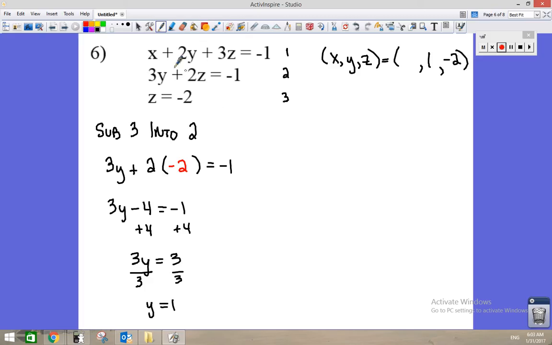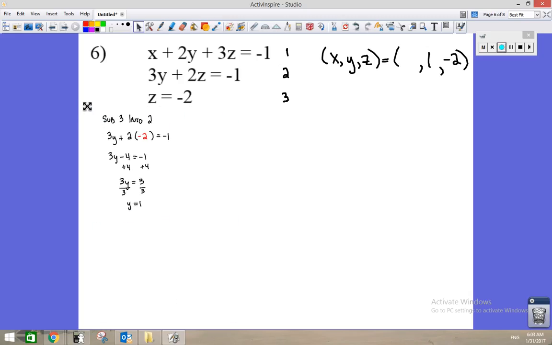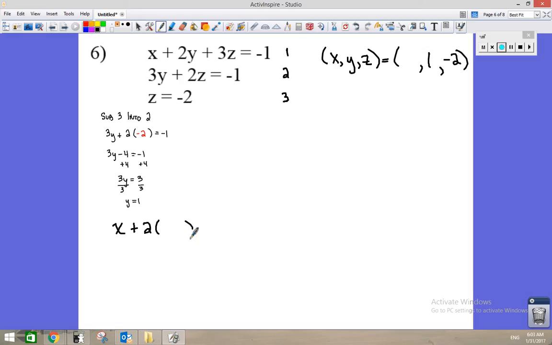The only equation that has the variable x is this equation number 1, so let's copy it down, but we replace y and z with these known values of positive 1 and negative 2. So if I copy down equation 1, I have x plus 2, and not 2 times y, but 2 times 1, because I know that y is equal to 1.